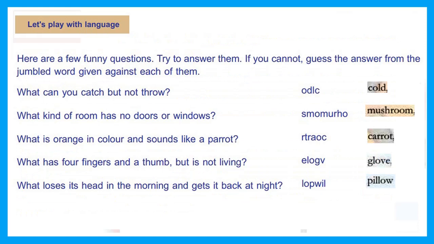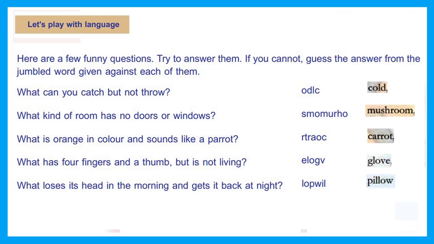Here are a few funny questions. Try to answer them. If you cannot, guess the answer from the jumbled word given against each of them. What can you catch but not throw? Cold. What kind of room has no doors or windows? Mushroom.